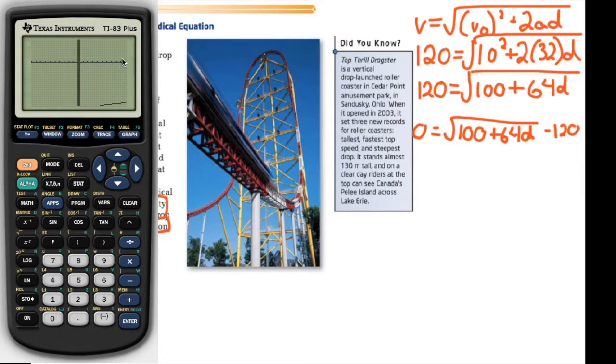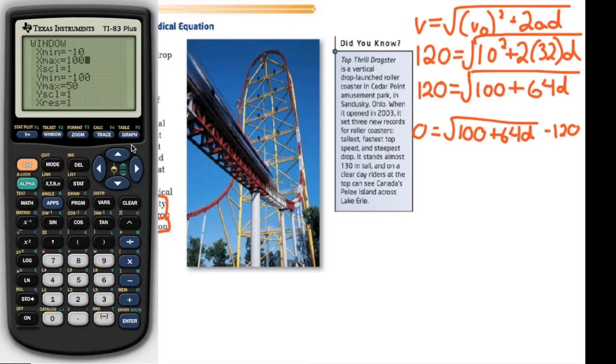So what we need to do is change the x max so we can go further to the right and see exactly where this graph crosses. So I'm going to change the x max. Let's try 50 and see what happens. Clearly not enough, so let's go a little bit more.